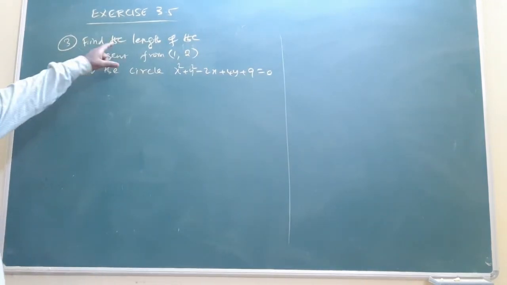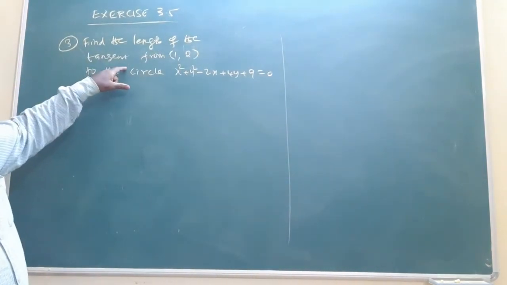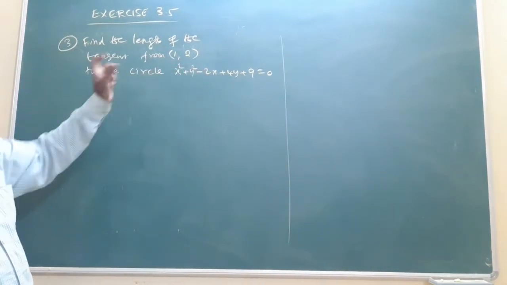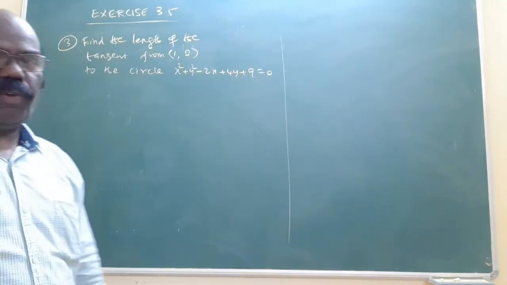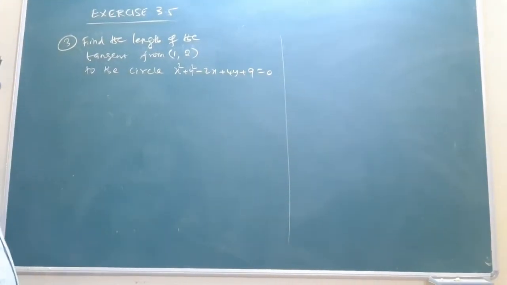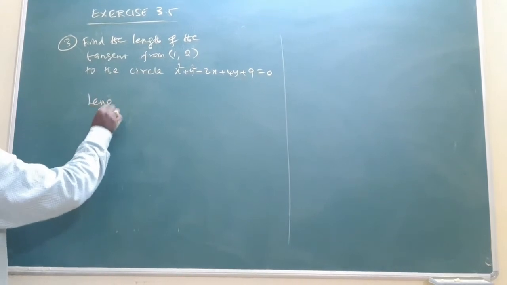Third question: find the length of the tangent from 1, 2 to the circle x square plus y square minus 2x plus 4y plus 9 equal to 0. First say the formula. What is the formula?